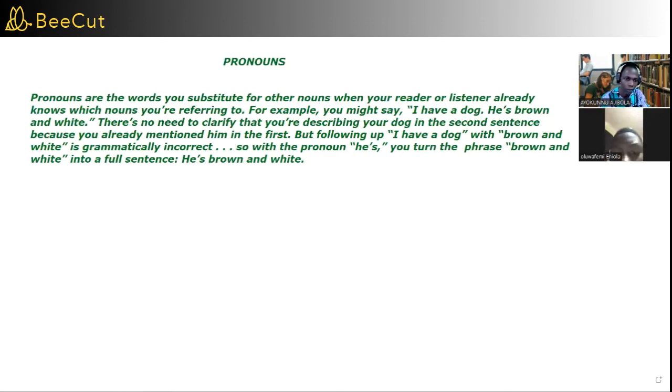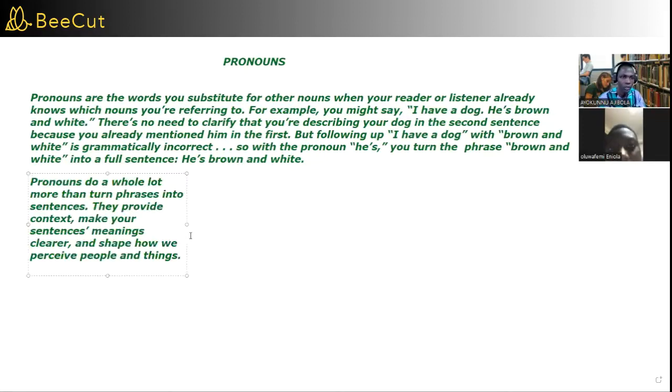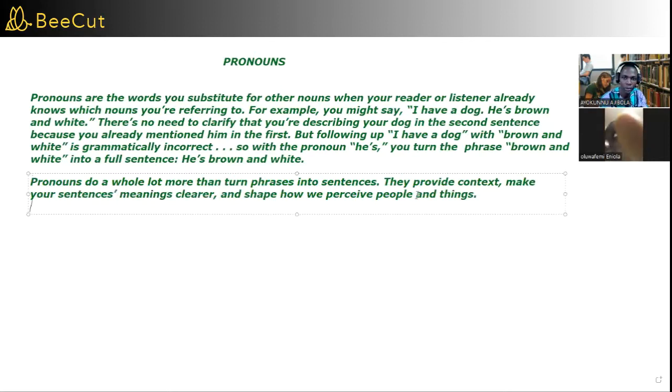So that is the essence of pronoun. But the pronoun does a whole lot more than just turning a phrase into sentences. So we're going to look at other things that pronoun does. Here we say pronoun does a lot more than just turning phrase into sentence. They provide context, make your sentence meaning clearer and shape how we perceive things.